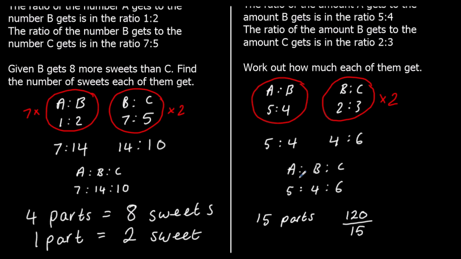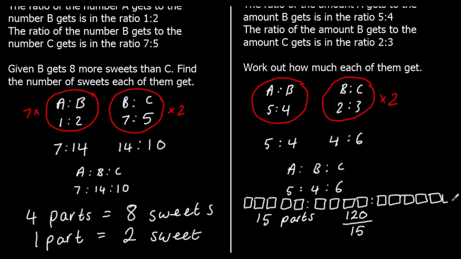You might have done this with a bar or with boxes. We've got 5 parts for A, 4 parts for B, and 6 parts for C. So there's 15 boxes in total, 15 parts.